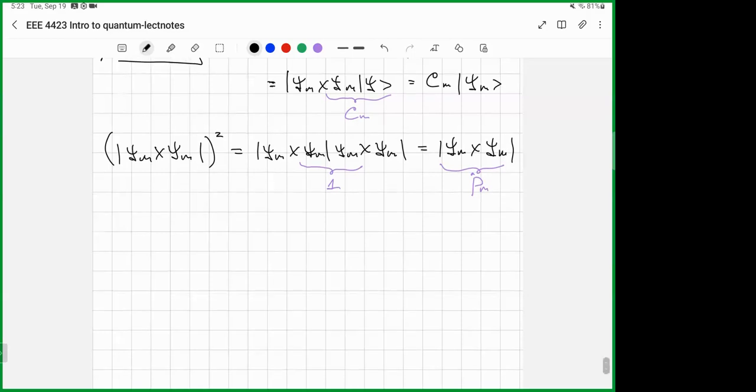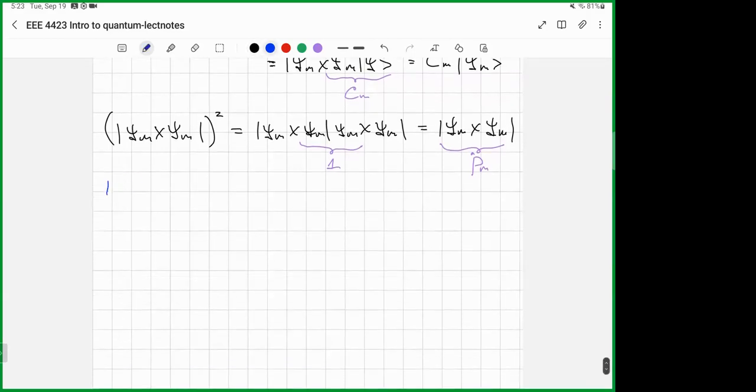So let us consider an example. For a state, let's call it phi, let's make it normalized, so it's supposed to be 1 over square root of 5. 2 to the power of 2 is 4, plus 1 gives 5, so 1 over square root of 5, so this state is normalized.